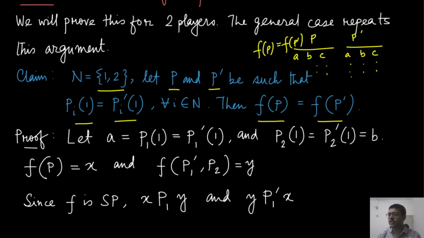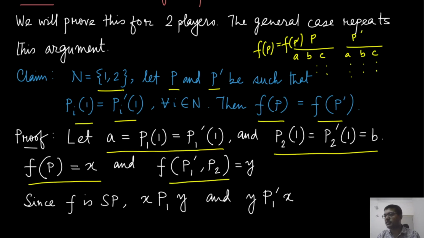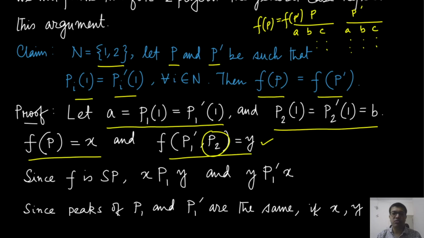So let's assume that there are only two players. For player 1 the pick is A, and for player 2 the pick is B in both these profiles. In P the outcome is X, and when player 1 is changing its preference from P1 to P1 prime and the other player's preference remains the same, the outcome potentially changes to Y. Now since f is strategy proof, what we can immediately observe is that X should be at least as much preferred as Y in P1.